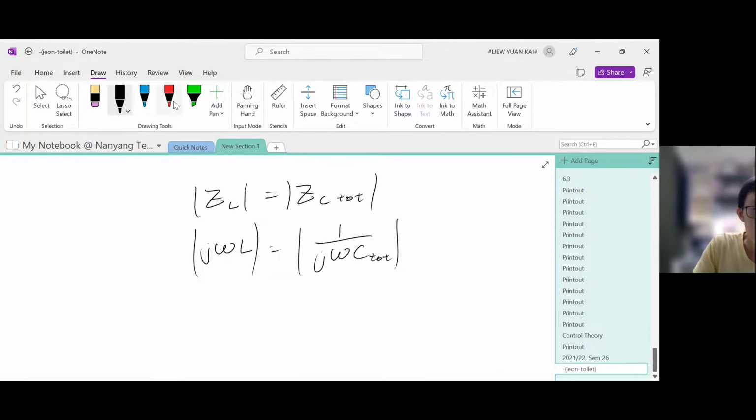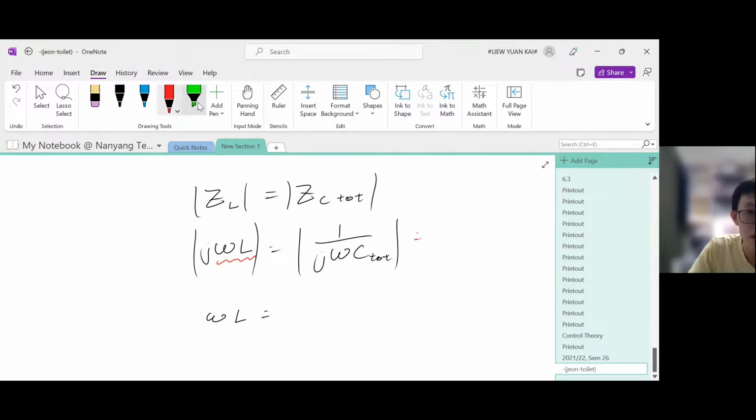That omega will give me my resonance frequency. So what should I do in this case? I have to take the magnitude of this. The magnitude of a purely imaginary number: you see, this is purely imaginary, there's no real part. So I just take this omega L and drop away the j. So this is omega L equals to. Now, how do I deal with this? The intermediate step is this.